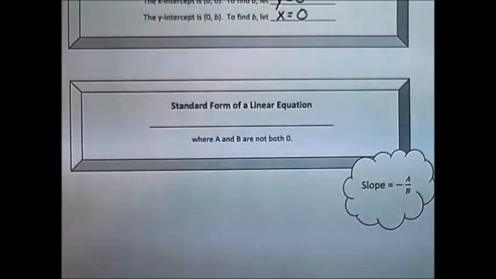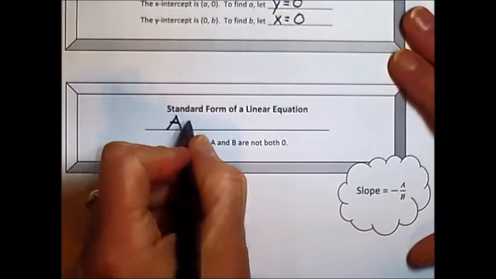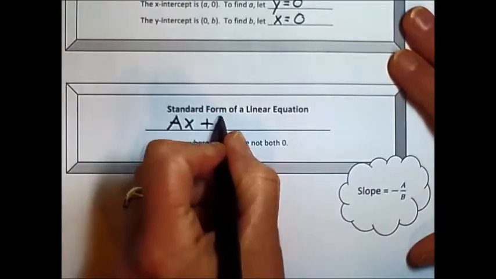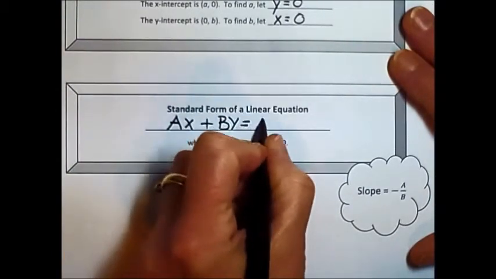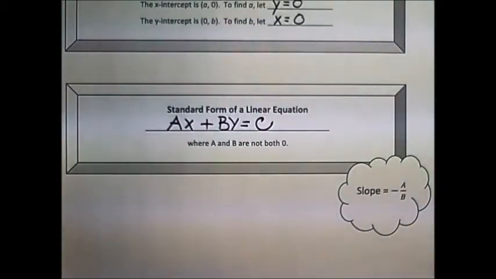So besides slope-intercept form for a linear equation, another way to determine whether an equation is linear is to write it in the form of ax plus by equals c, which is known as the standard form of a linear equation.